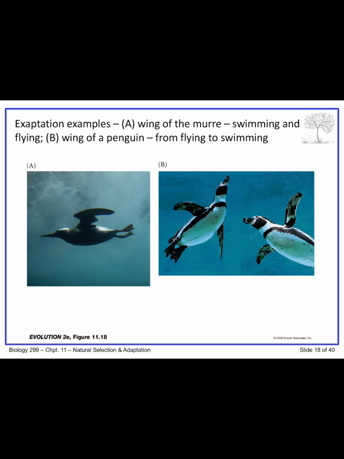Third, the character may be correlated with a feature that is adaptive. We talked about genetic hitchhiking in a previous chapter. You have a gene that's located in a certain spot on a chromosome. It's being selected for. It's adaptive. Another gene right below it, very close to it, may have no adaptive value or is not being selected for.